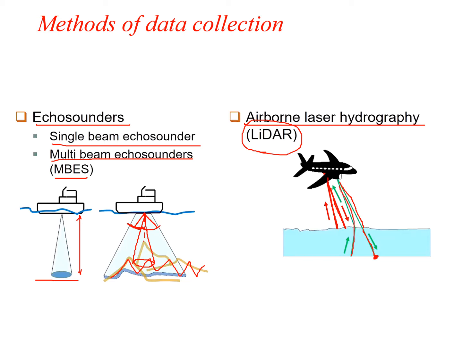Here, just for the sake of understanding, they are shown going in one direction and coming back. That's how you can calculate the depth of water, knowing the average altitude at which the aircraft is moving.